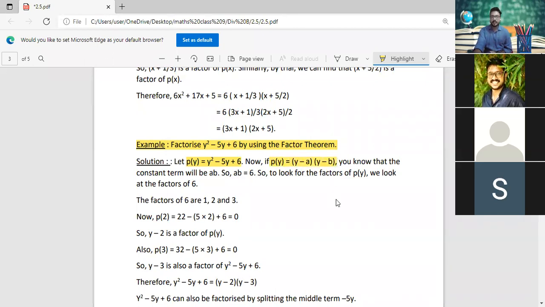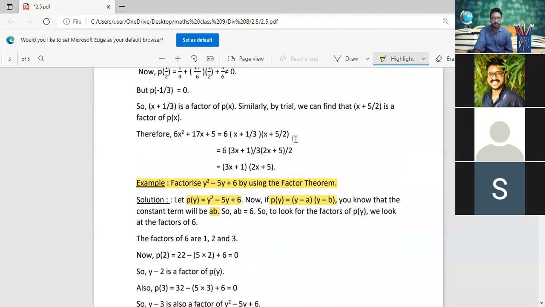If we can factorize the polynomial in such a manner, then we can say that the constant term will be ab, right? You don't have any doubt? Are you all okay? Why can we say that the constant term is ab?